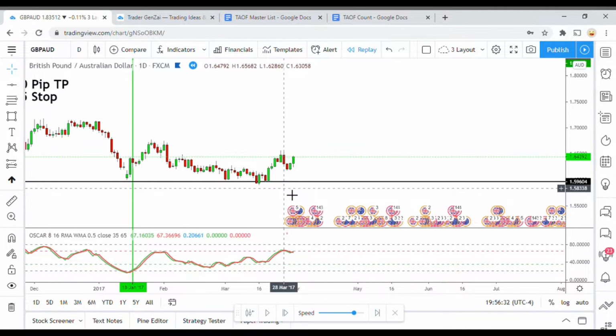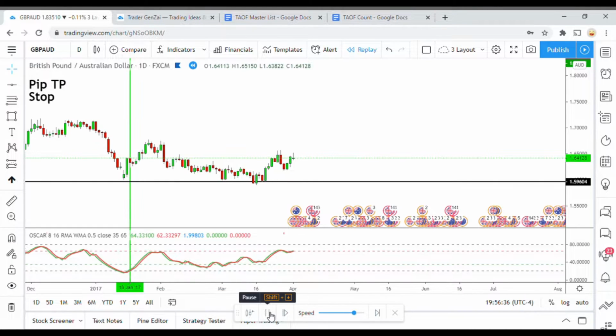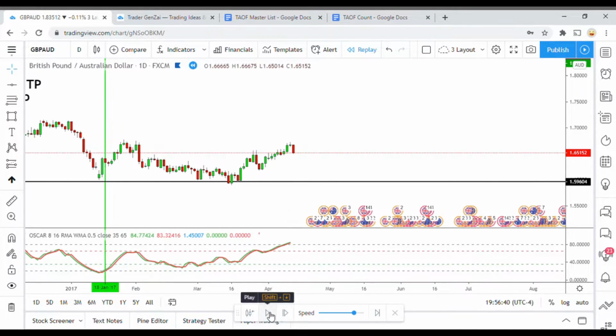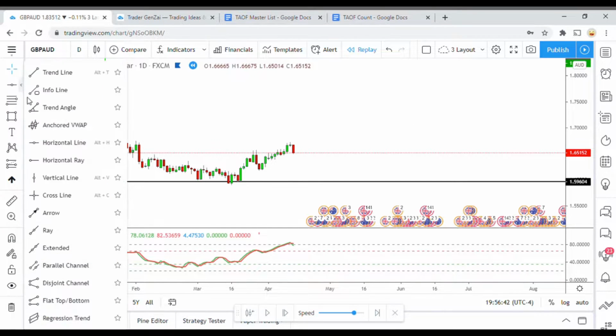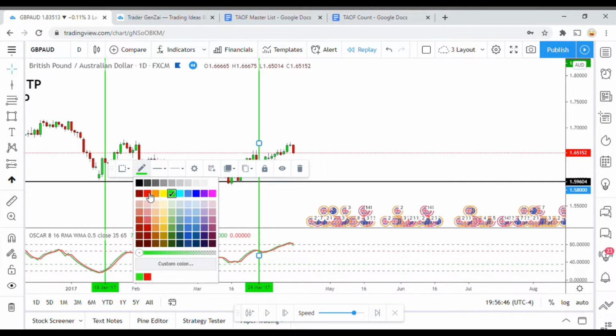We did get a short signal right here, and these signals are super hard to see. See what it does. So that would be a losing trade there.